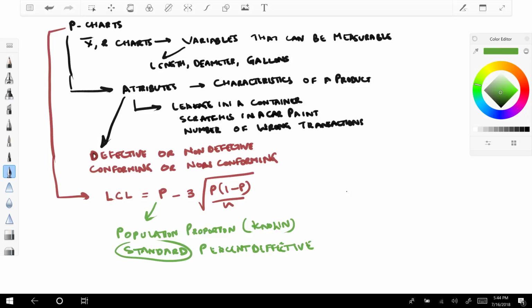Similarly, the upper control limit UCL is P plus 3 times, that is 3 deviations, square root of P(1 minus P) divided by N. Here N is the sample size.